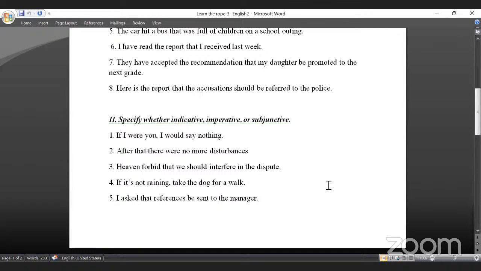"If I were you, I would say nothing" is a clear case of subjunctive mood, somebody expressing a wish. But if you are writing with "was," then it's a sentence in indicative mood. Also keep in mind that sometimes people in informal conversation, to express a wish, to show subjunctive mood, can use "If I was you, I would say nothing." Got these two differences?